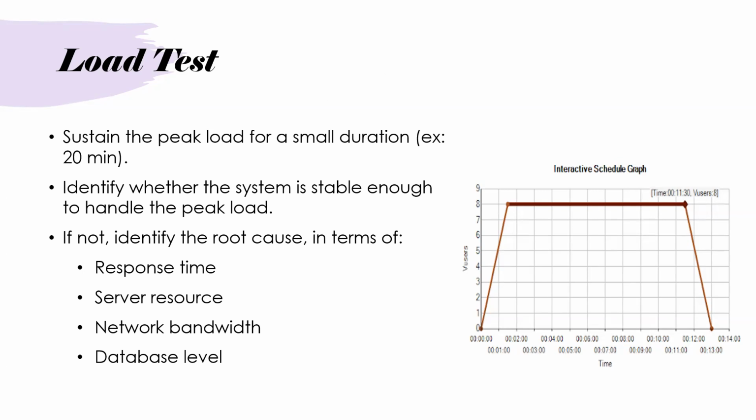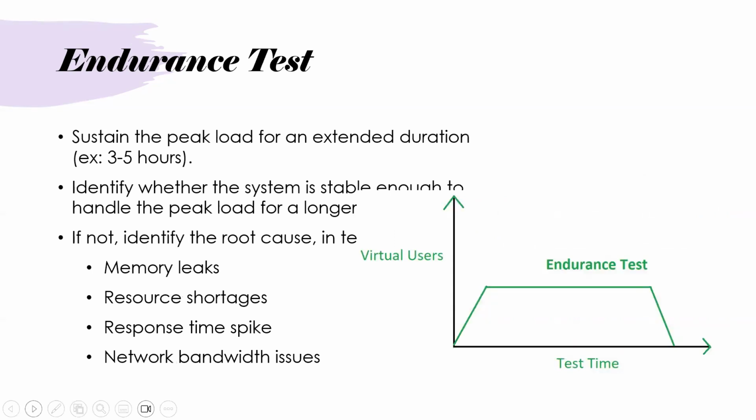The next one is the endurance test. Here our main observation is the duration. In the endurance test, we simulate our test for 3 or 4 hours, which means an extended duration, and we sustain the peak load or less and see how our system is behaving. With this test, we can identify whether our system is stable enough to handle the peak load for a longer period of time.